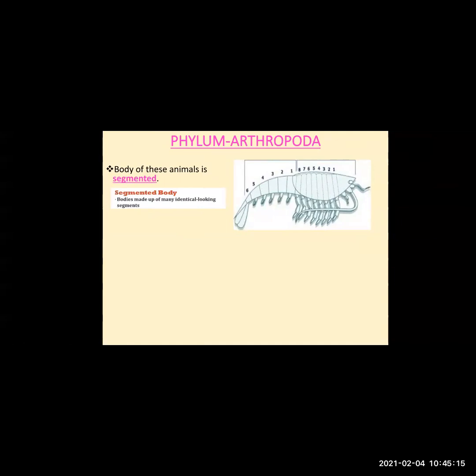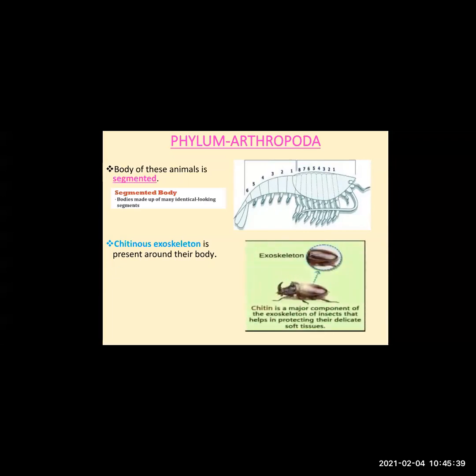From the picture, you can see how the regular similar units called segments are repeating. That's why it is said to be a segmented body. Another important characteristic is that a chitinous exoskeleton is present around the body. First we will understand, what is an exoskeleton?